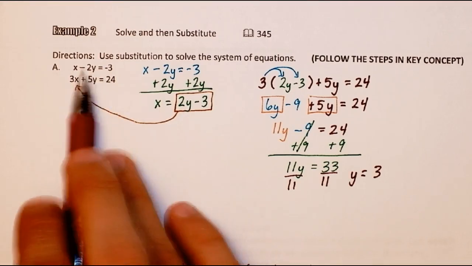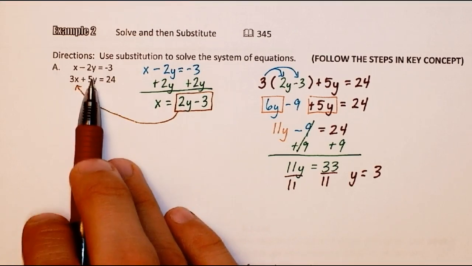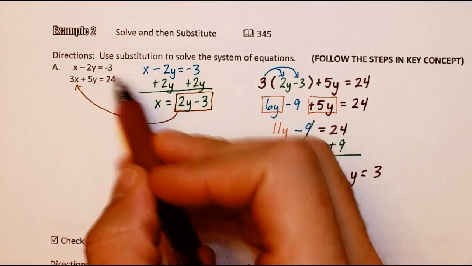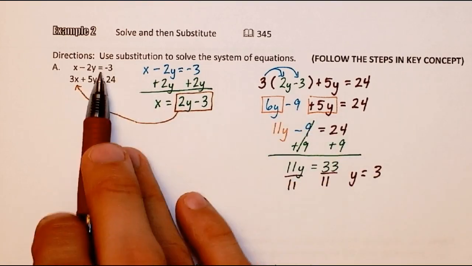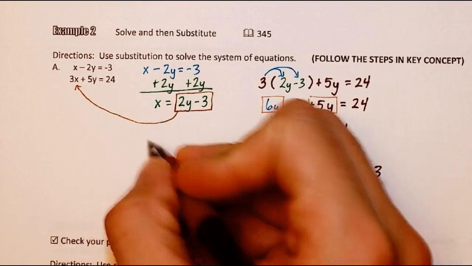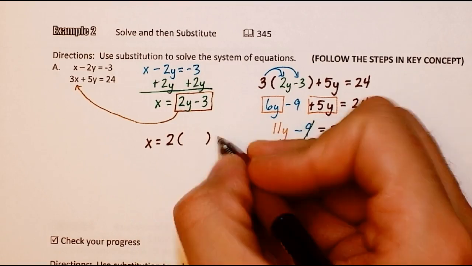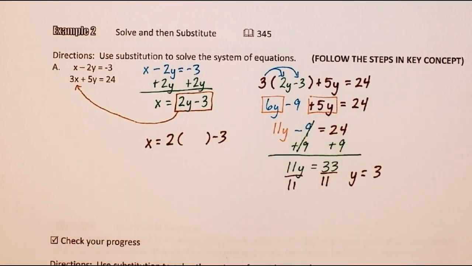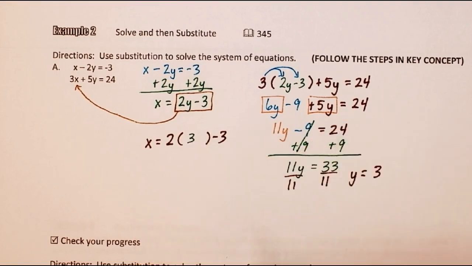So instead of substituting it into one of the original equations, I'm going to substitute it into the equivalent equation, which is still from the original. So x equals 2 times y minus 3, and we found y to be equal to 3, so I'm going to substitute that in. And now simplify.